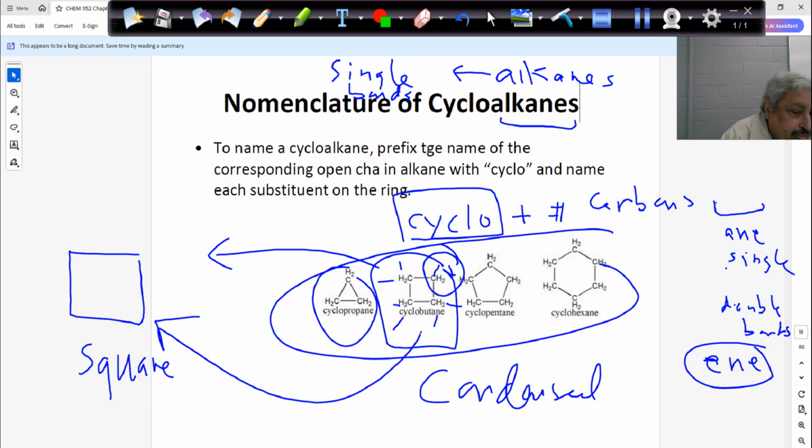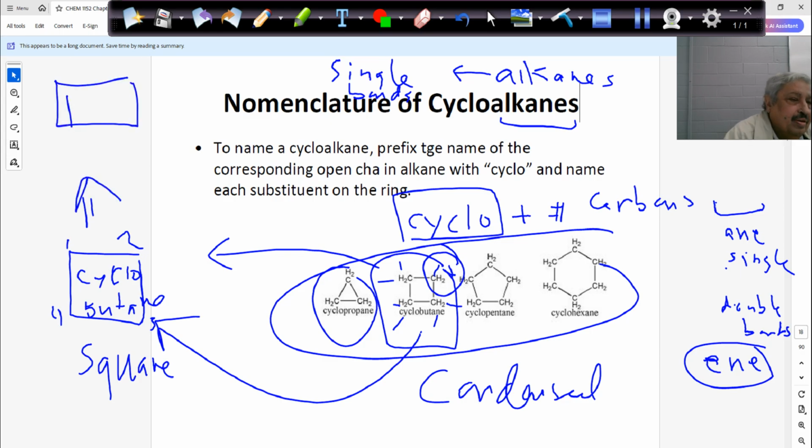So this is cyclobutane. Cyclo, and there are 4 carbons: 1, 2, 3, 4. Butane is an alkane, but cyclic means the carbons are connected to each other with single bonds. Now I can go from this to something like this.